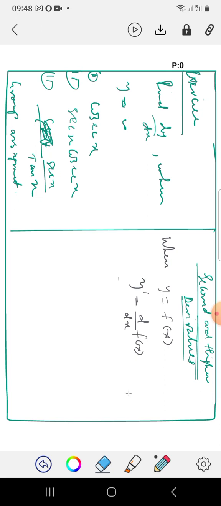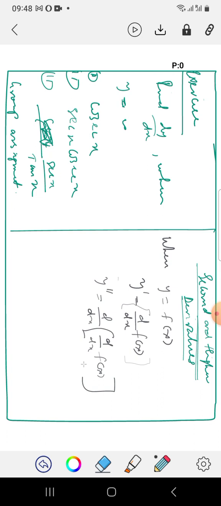As long as you have a function, you can differentiate it. So if you differentiate it again, this becomes y prime prime, which means you are differentiating the whole of this bunch again. So you are now having d/dx of d/dx of f of x.